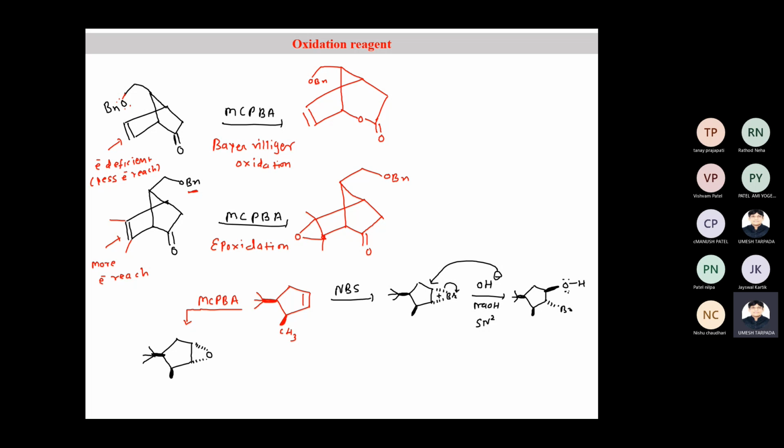Finally, this undergoes epoxide formation. So H is removed from here and Br from here. So you are getting the epoxide on the side of the bulky group.